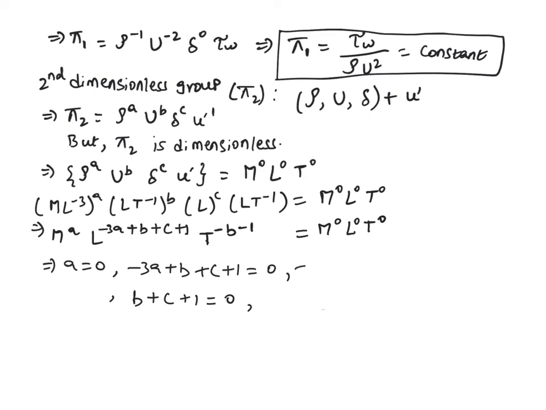This would be minus b minus 1 is equals to 0.